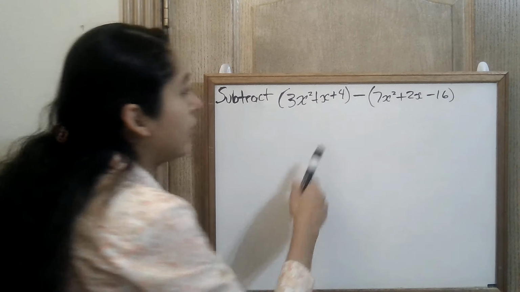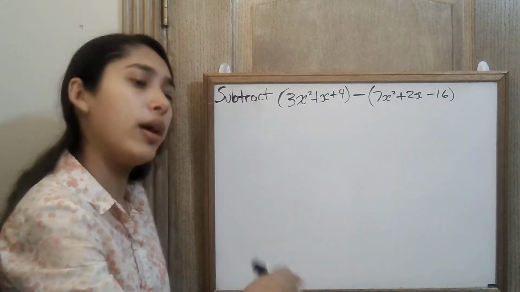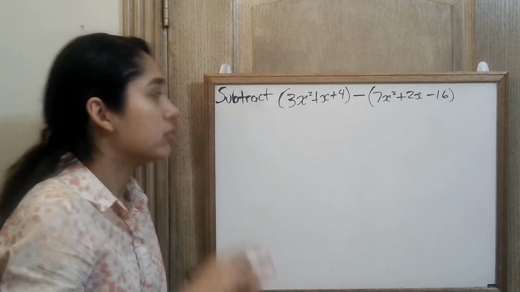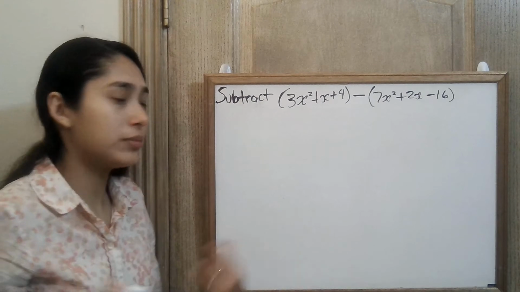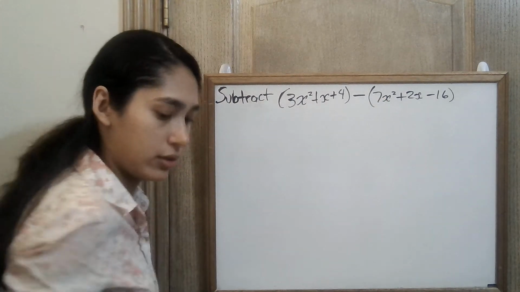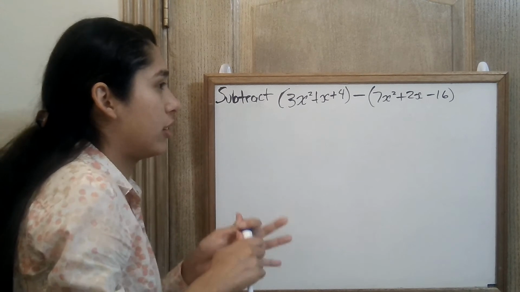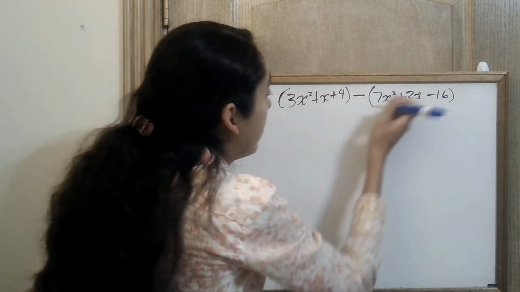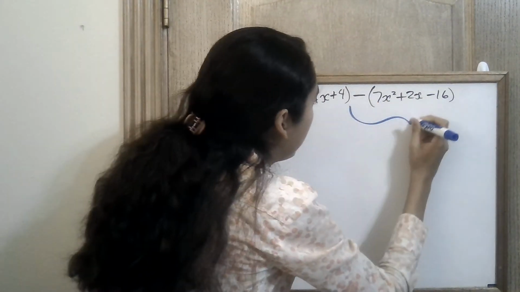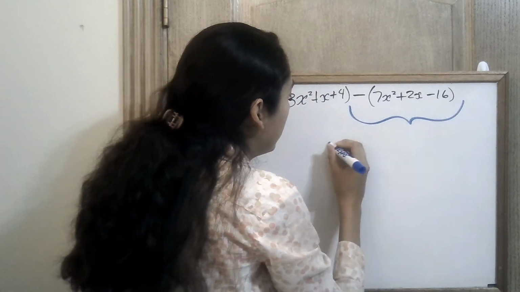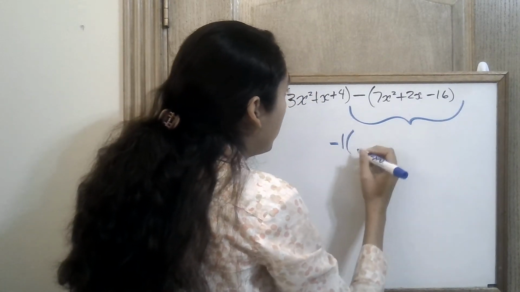Remember whenever you have a negative sign or positive sign, there's actually an invisible one? Truly, this means -1 times.